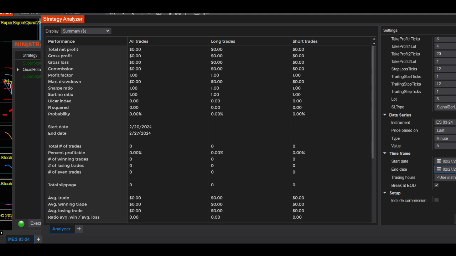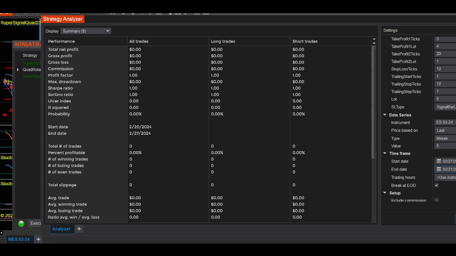If there's one left and it pulls back and doesn't hit the second target, and the trailing stop comes back and hits, that second one will be counted as a losing trade. But really, it isn't. As long as you make a profit on the overall trade, just remember that.